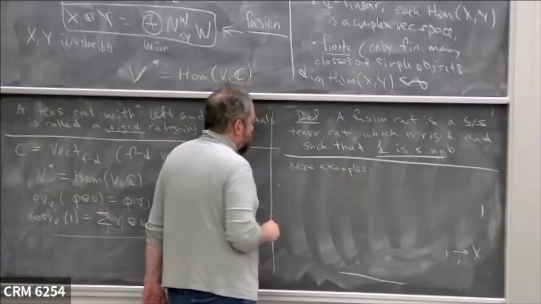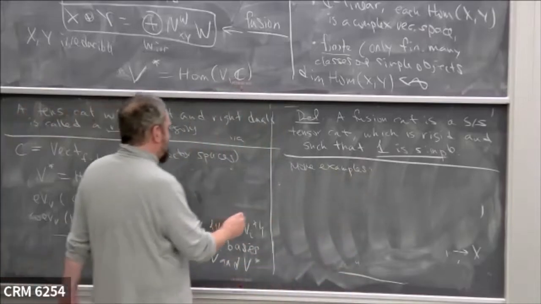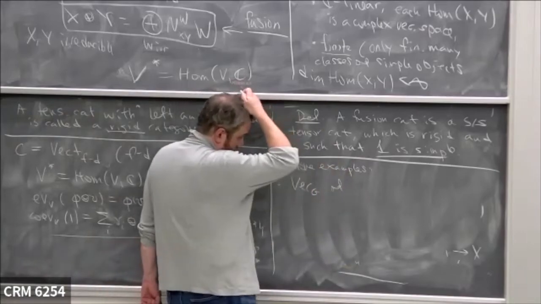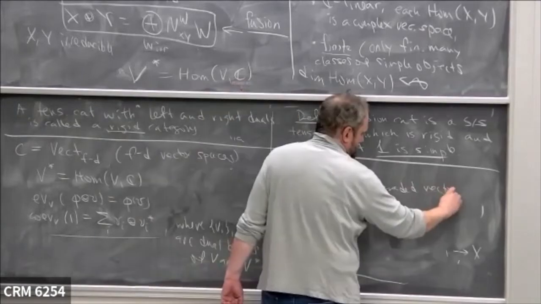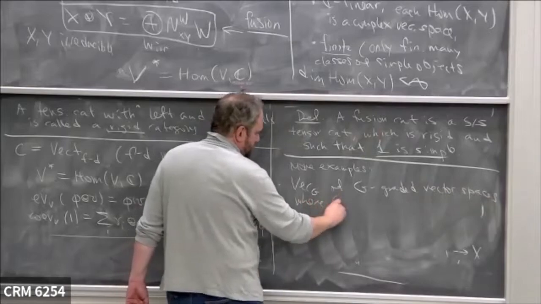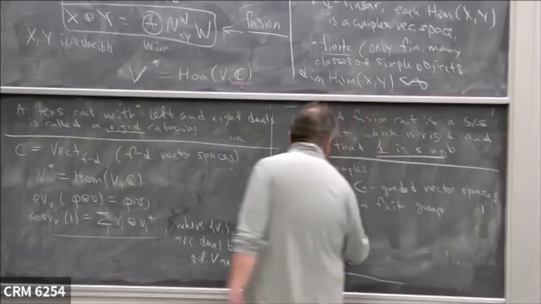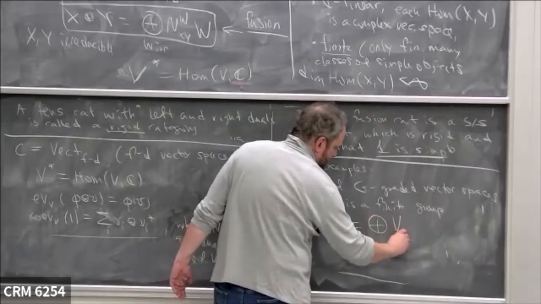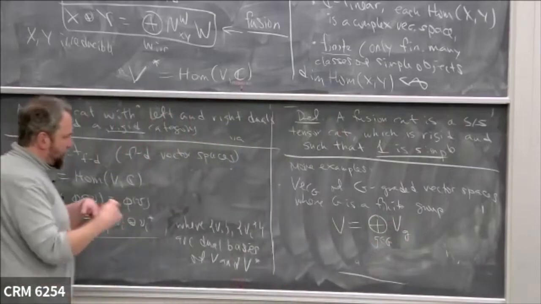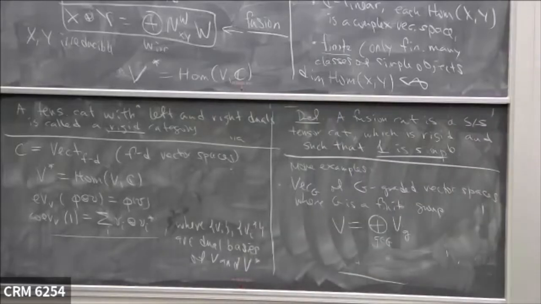I mentioned representations of groups, etc. You can take the category Vec_G of G-graded vector spaces, where G is a finite group. These are vector spaces with decomposition labeled by elements of G. And the tensor product respects this grading, because we usually tensor graded vector spaces.